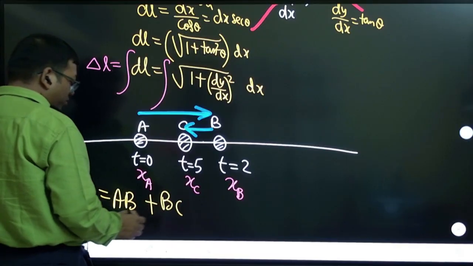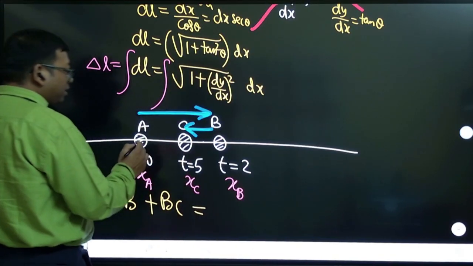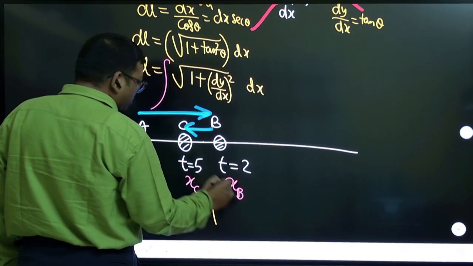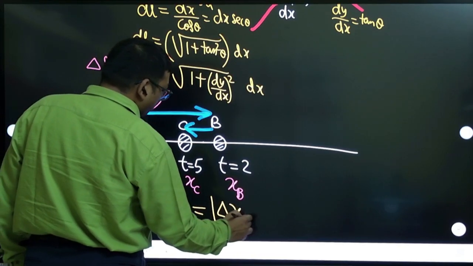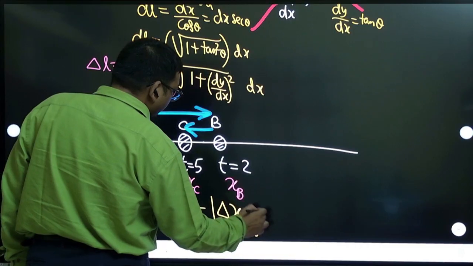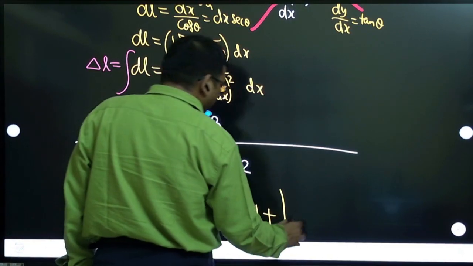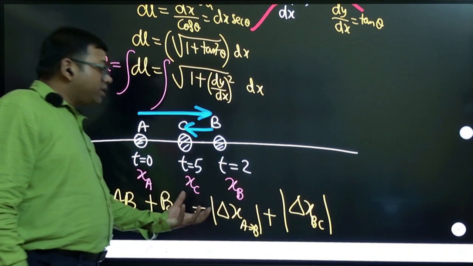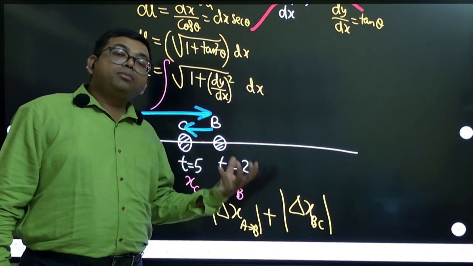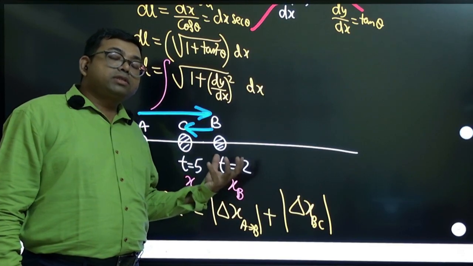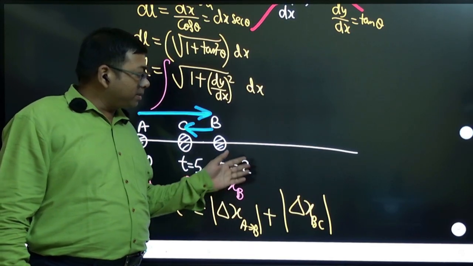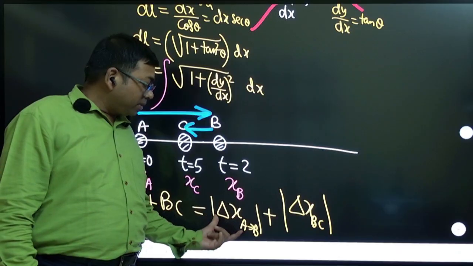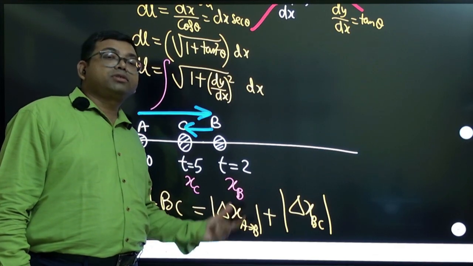So AB is nothing but the magnitude of displacement from A to B, similarly the magnitude of displacement from B to C. Why magnitude? Because the magnitude will give only positive values, because distance cannot be negative. But displacement can be negative also, so we put a magnitude to make it positive.